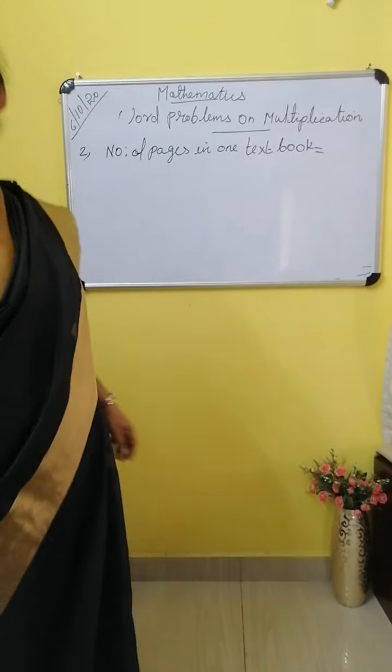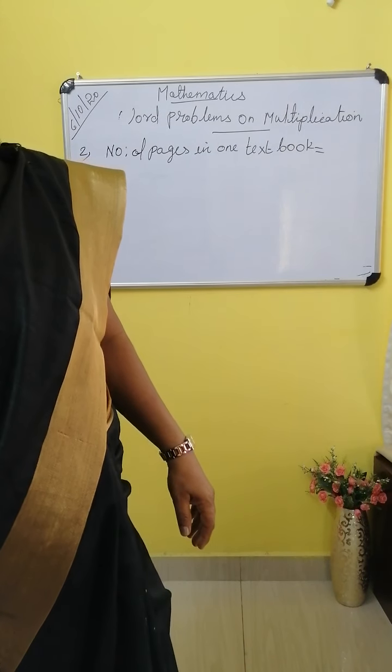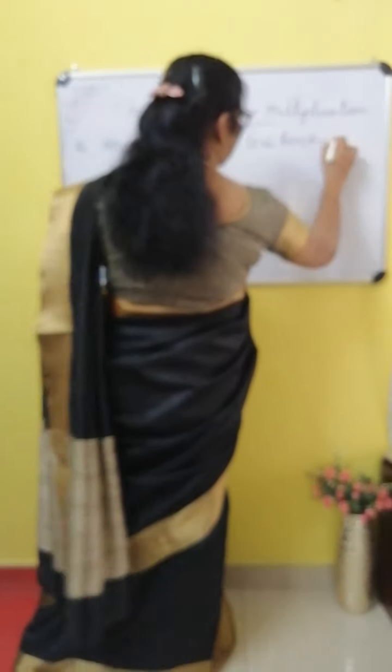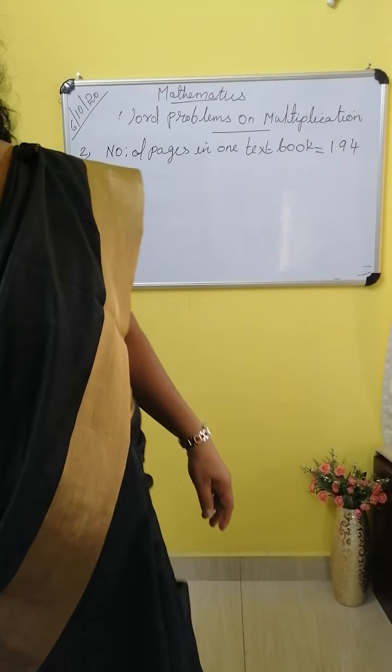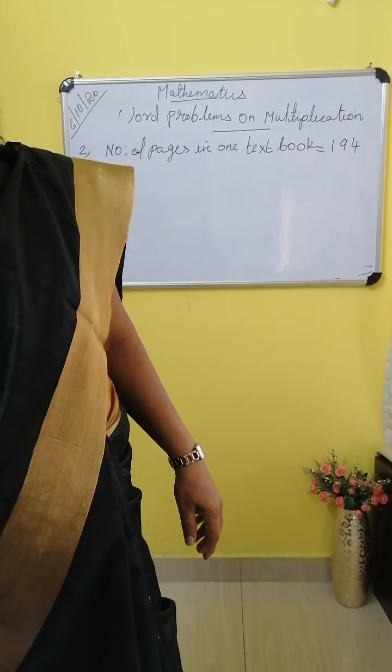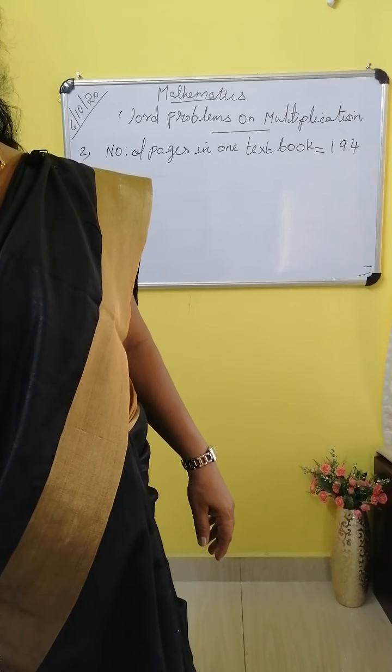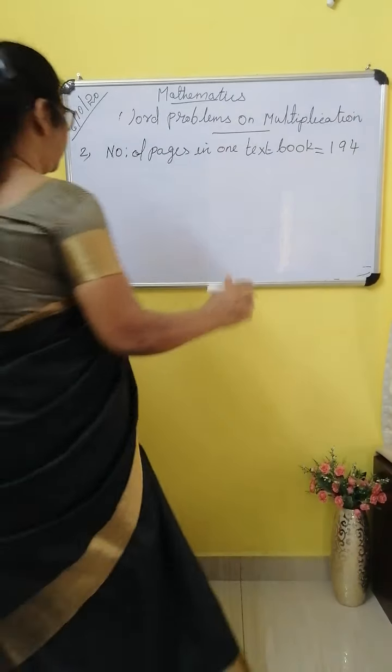How many pages are there in one textbook? 194. Then what we have to find out? How many pages are there in 42 such textbooks? So, number of pages in 42 books.